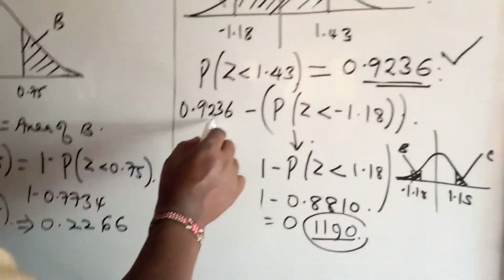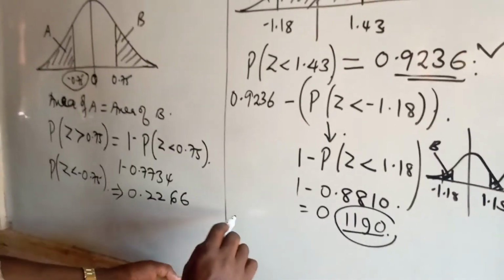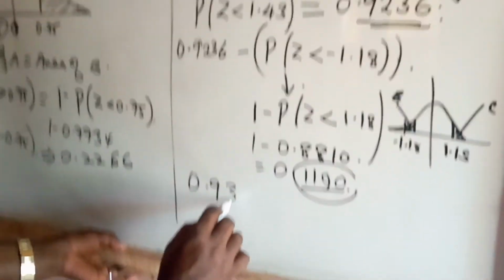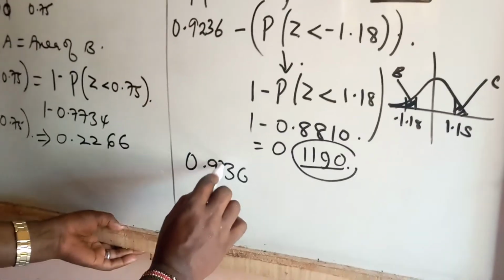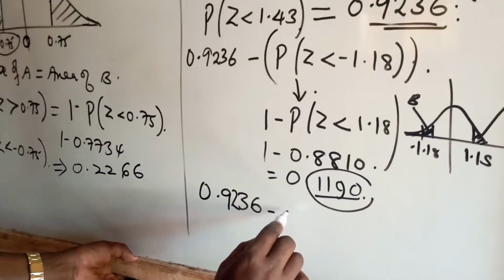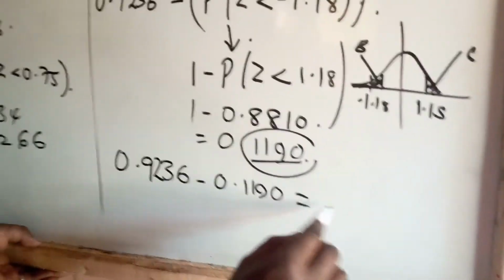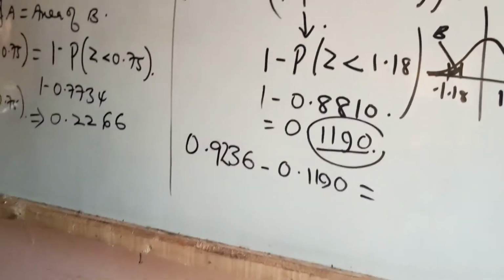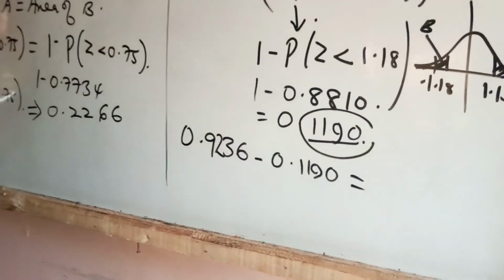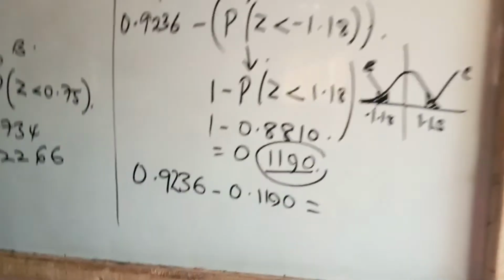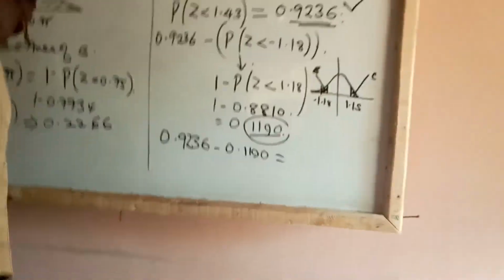Now, the whole of this is actually this. So our area is 0.9236 minus 0.1190. And let us see what this gives us.